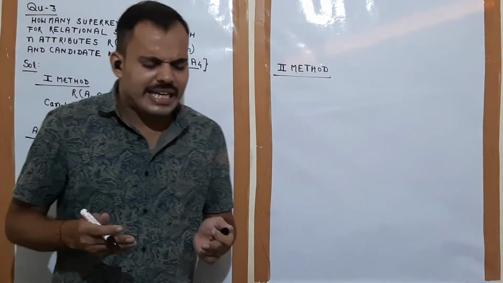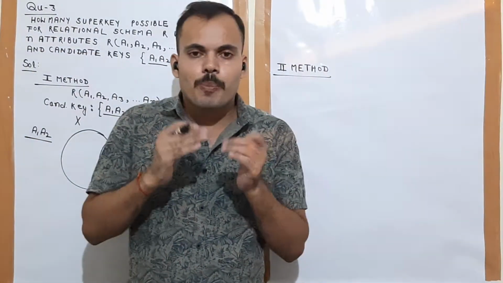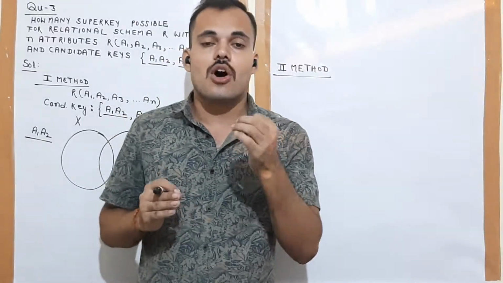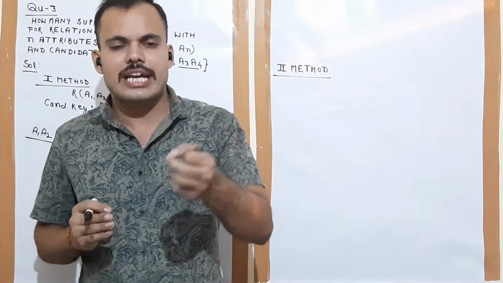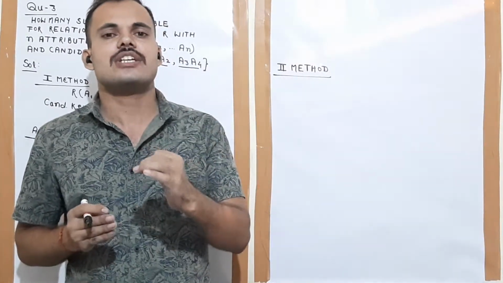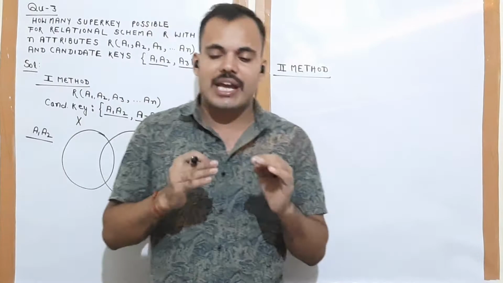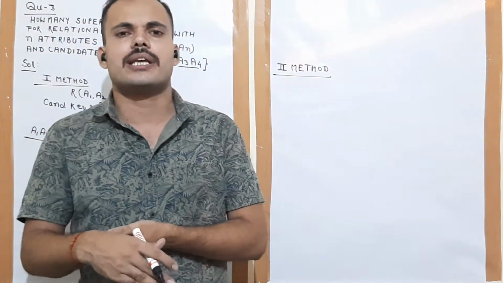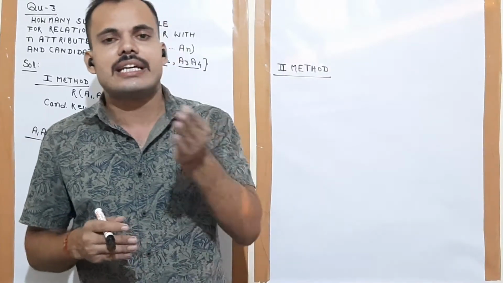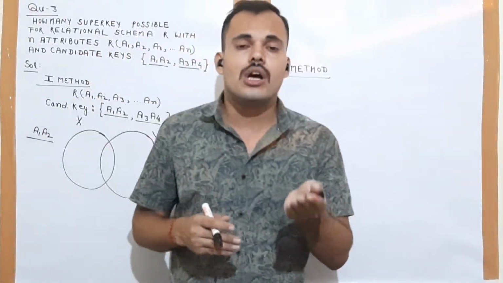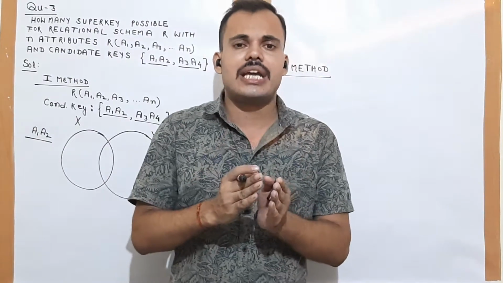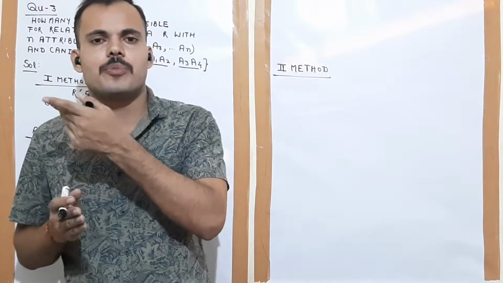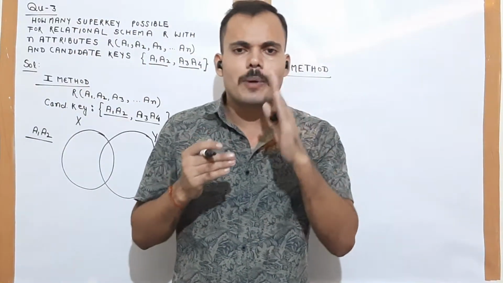Now we will see the number of super keys because of the candidate key A1, A2. A1, A2 itself is a super key because every candidate key is a super key. And the candidate key combined with 0 or more other attributes will form a super key.